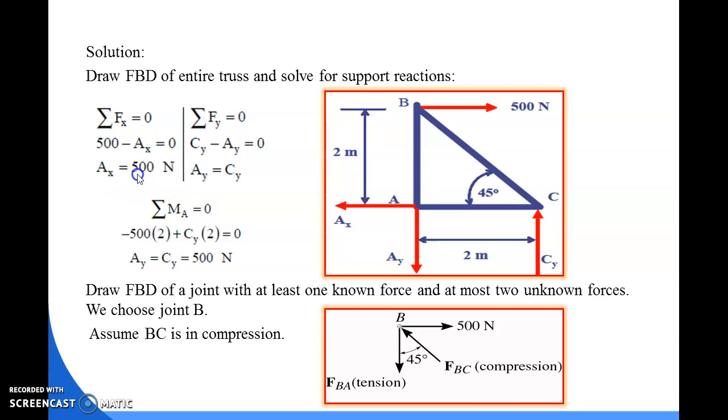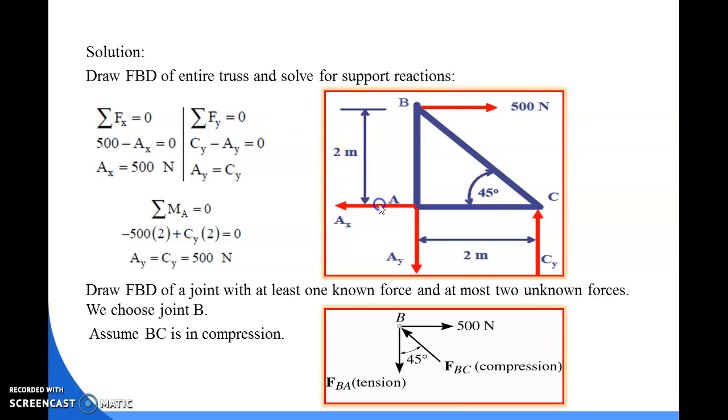Then comes the next equation, summation of Fy equal to 0. That means the summation of all the vertical forces or reactions is equal to 0.